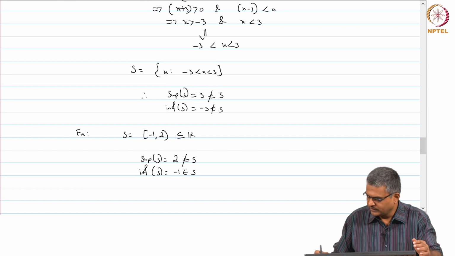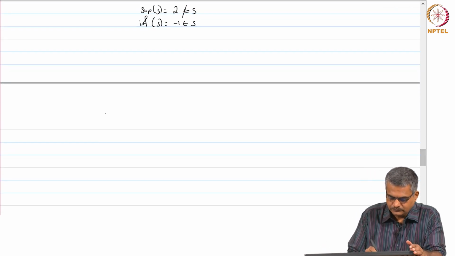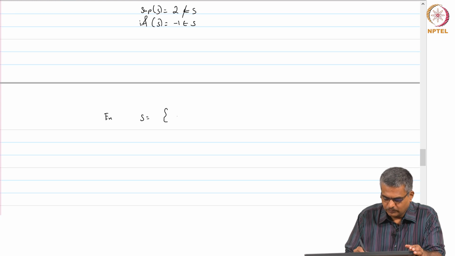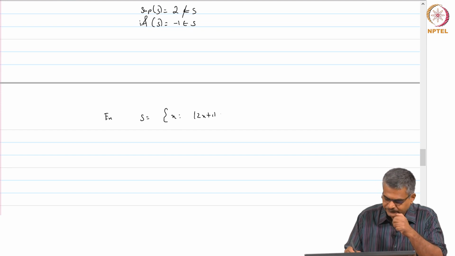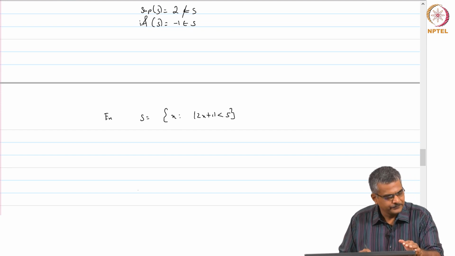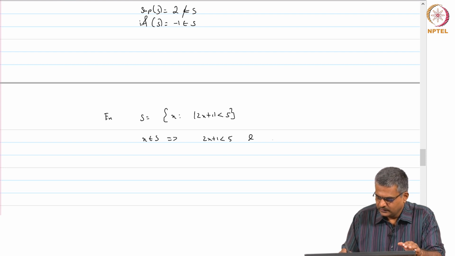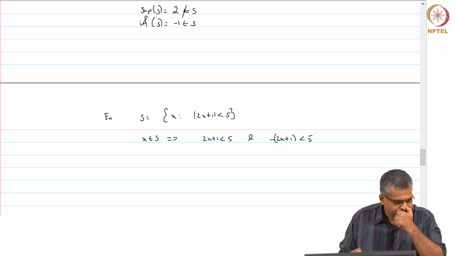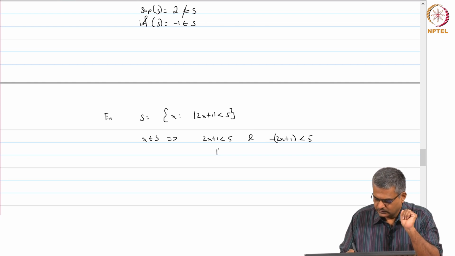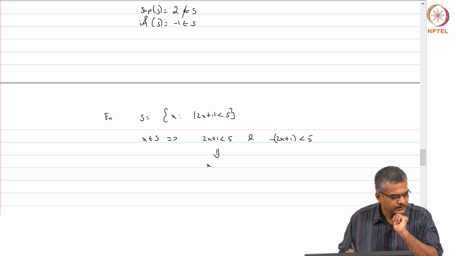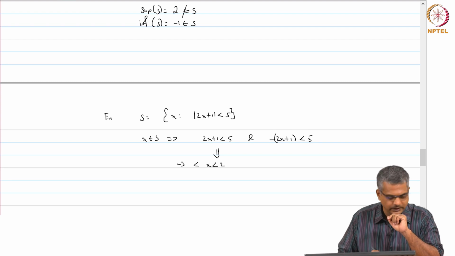But we will take one more example. So, S is the set of points such that the absolute value of 2x plus 1 is less than 5, right. So, x belongs to S implies 2x plus 1 is less than 5 and also minus of 2x plus 1 is less than 5. So, if you do further simplification, this implies x is less than 2, but greater than minus 3, right.